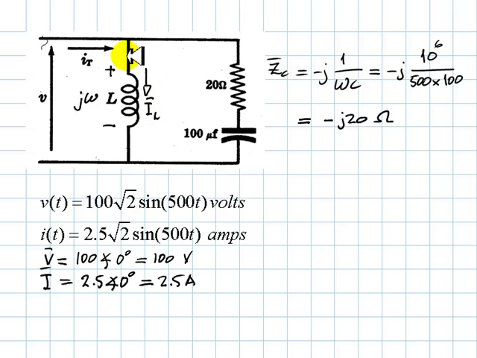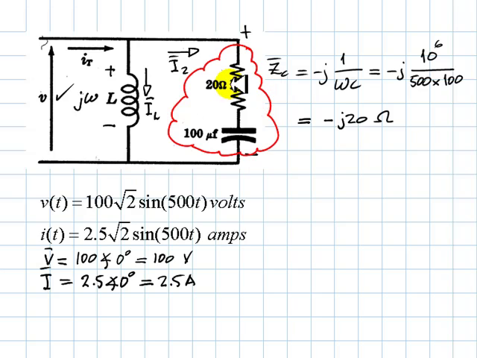We know the current IT. We can compute this current. Let's call that I2. I2 is just the total voltage from here to there, which is just V, 100 volts, divided by the impedance of this branch, 20 minus j20.